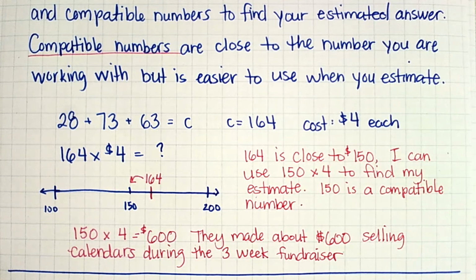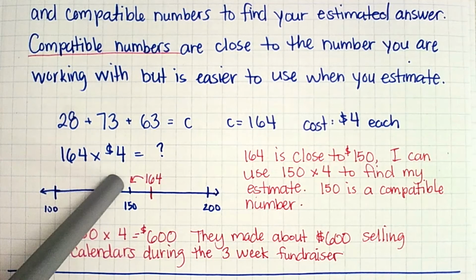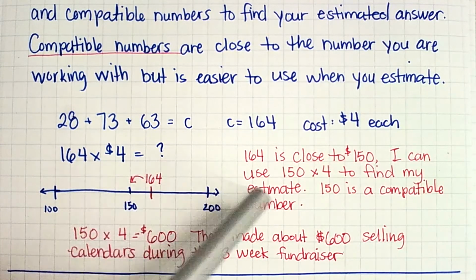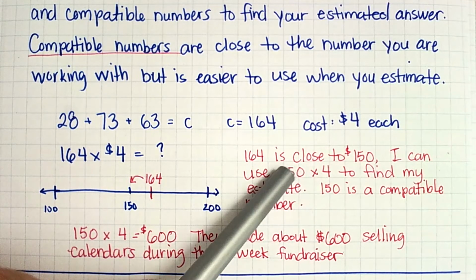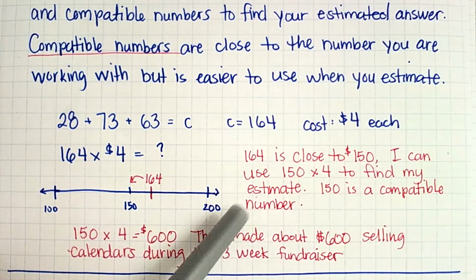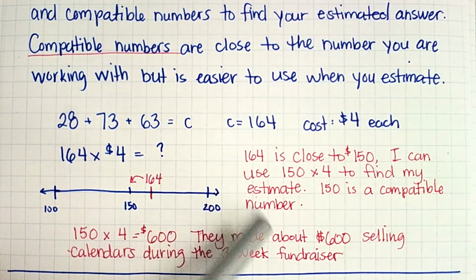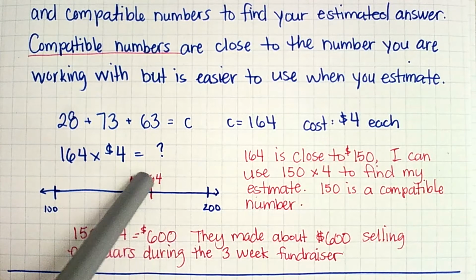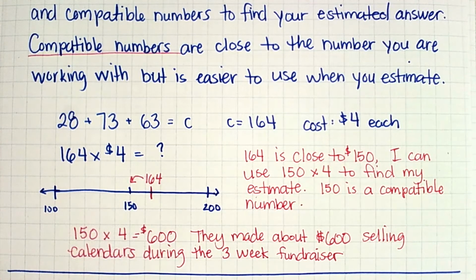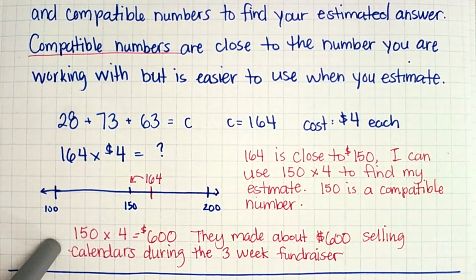So instead of doing 4 times 164, I can do 150 times 4. It's easier to work with because 150 is a compatible number. It's close to my real number, but it's not exactly it. So 150 times 4 gave us 600.